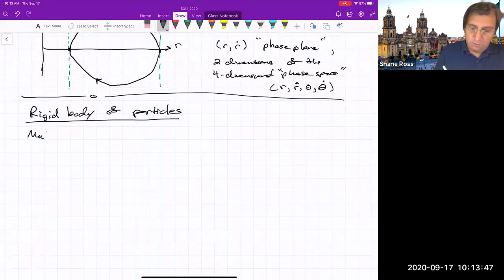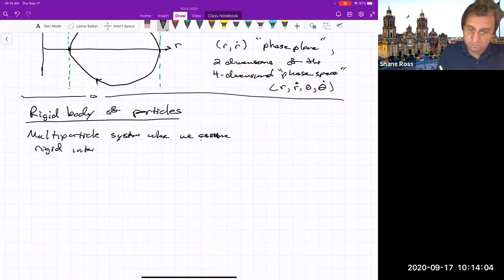This is a multi-particle system where we assume rigid interconnections between particles.